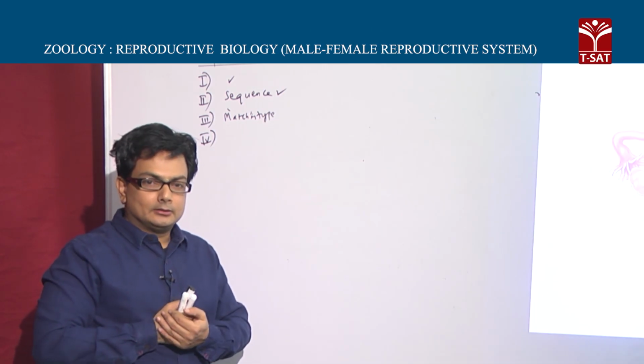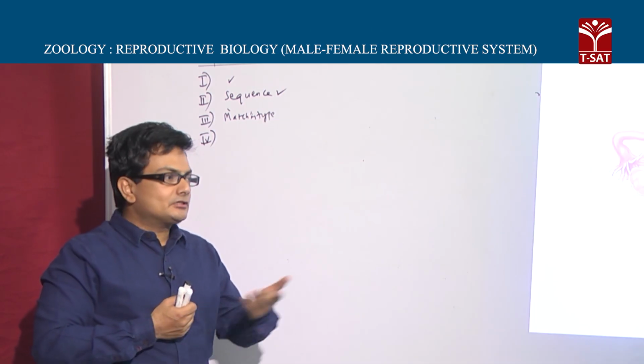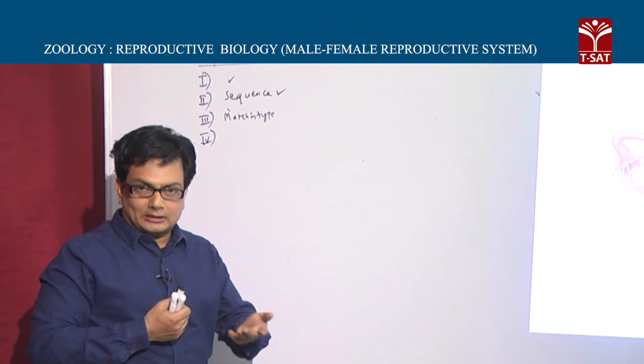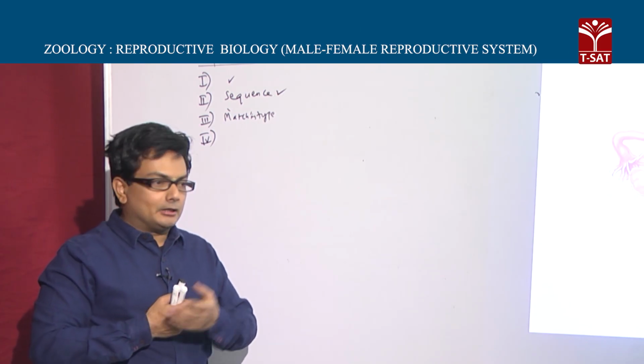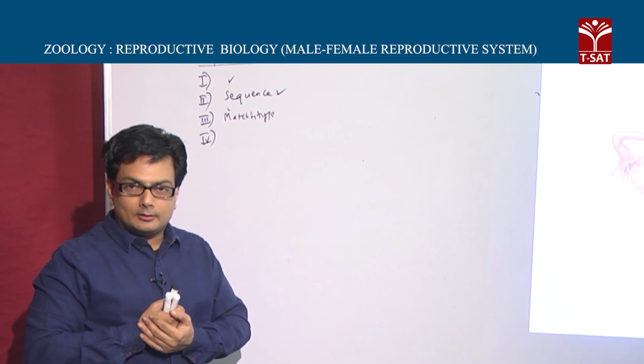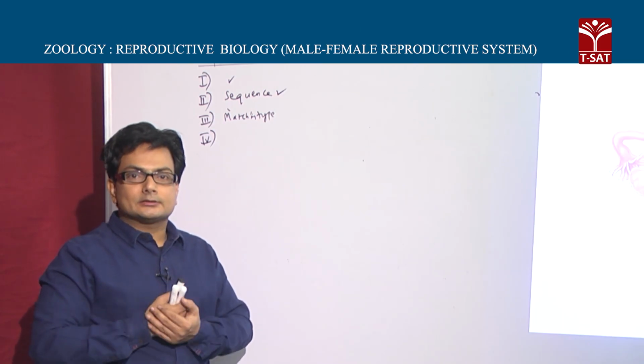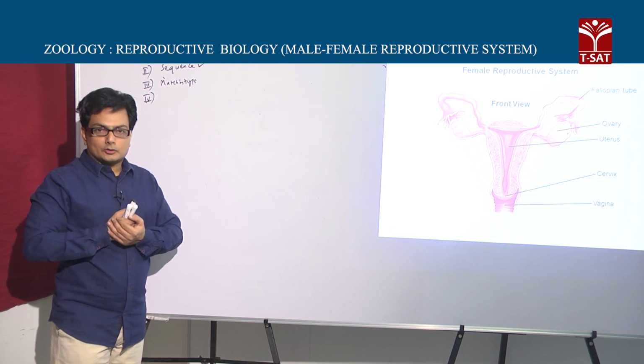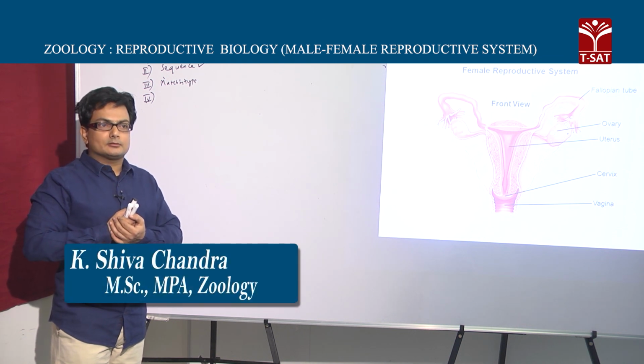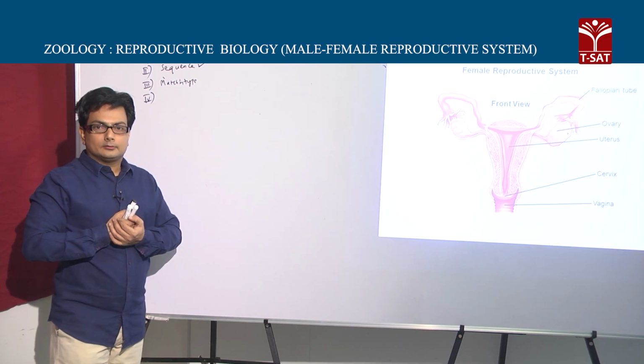For example, FSH acting on the germinal epithelium and making the cells increase in number, promoting the gametogenesis. Likewise, these are all the possible questions which can be expected in the reproductive biology area in the NEET exam.